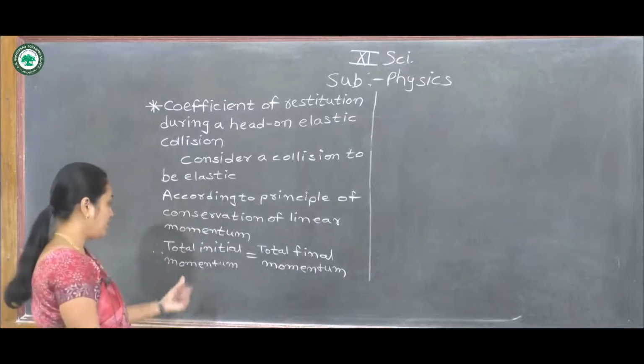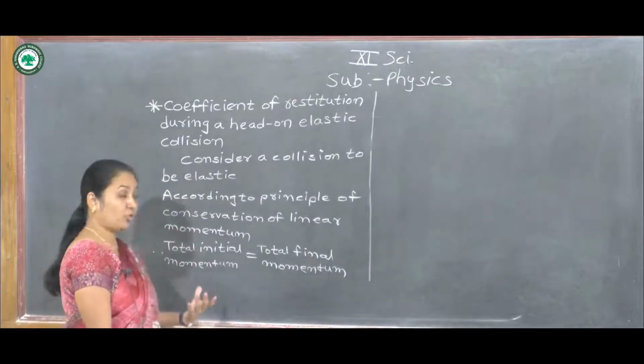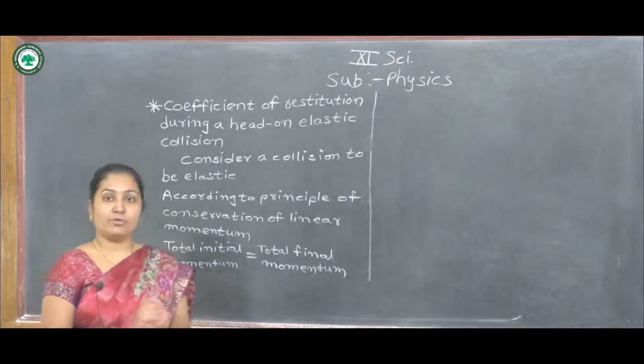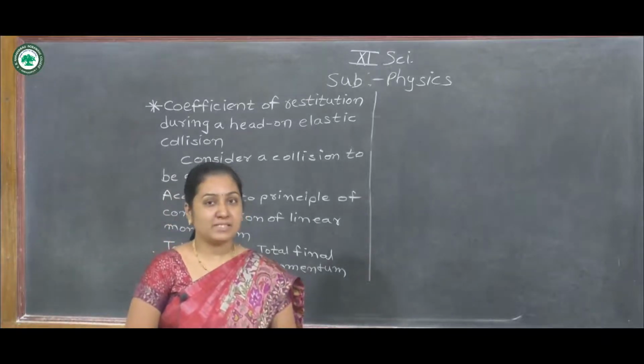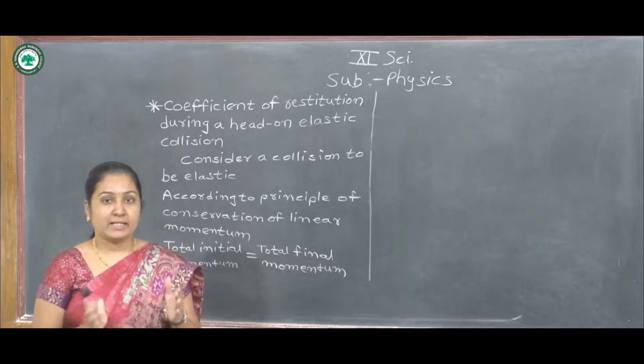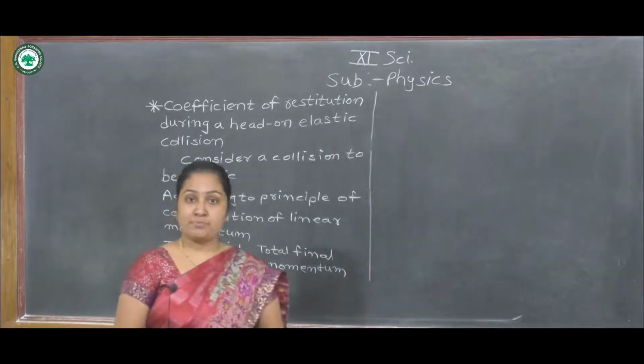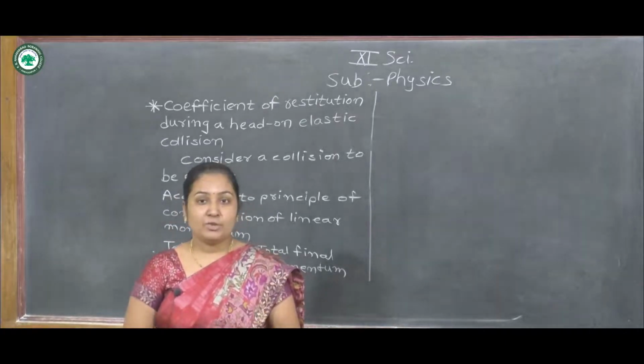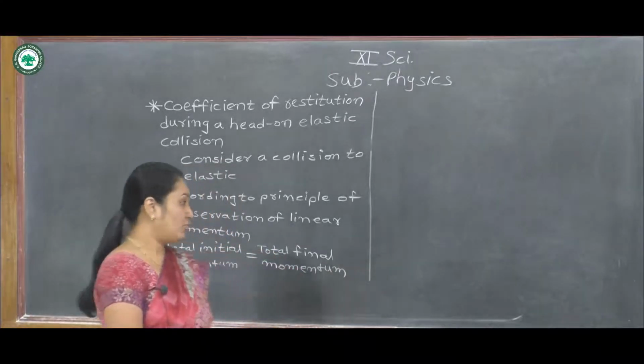Then from this we can write the total initial momentum. We know that the momentum is given by the formula mass into velocity. That is, momentum is denoted as P and it is equal to mv, that is mass into velocity.